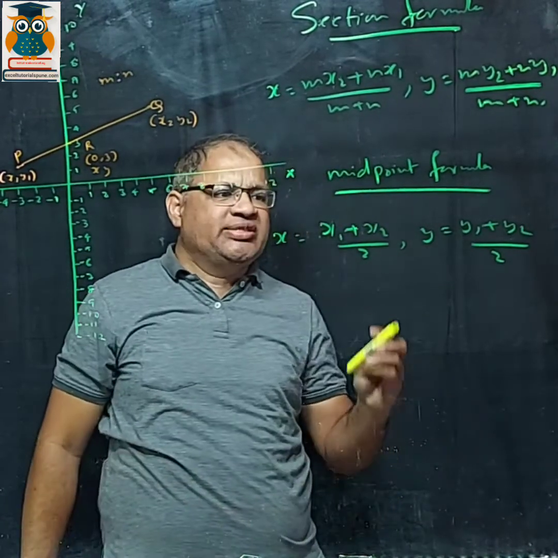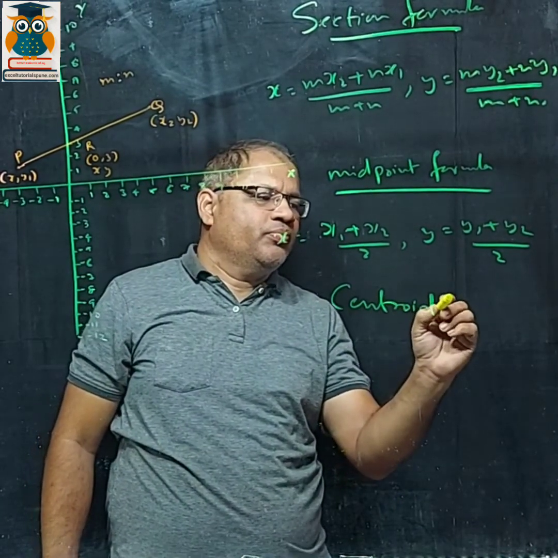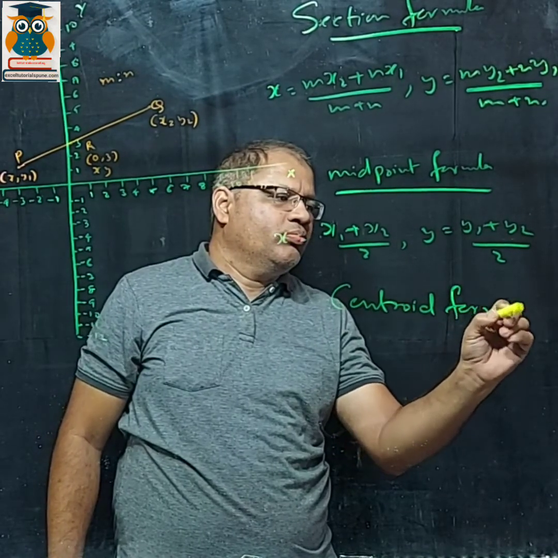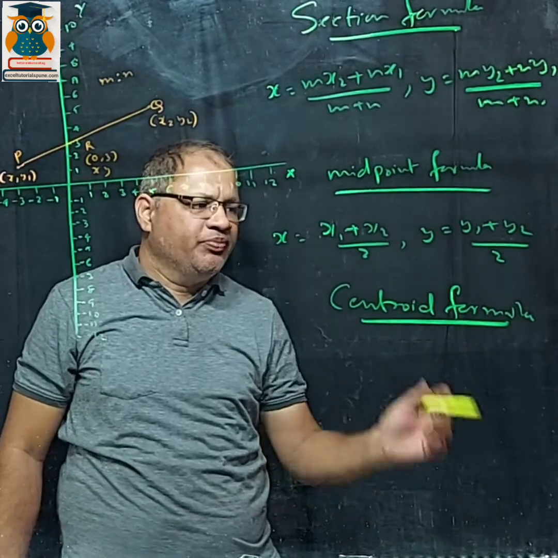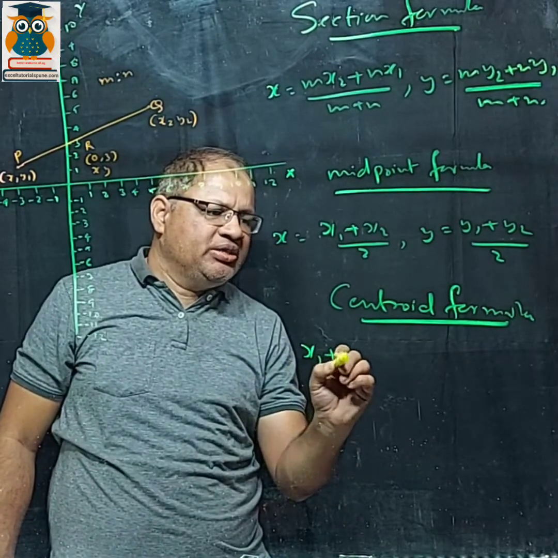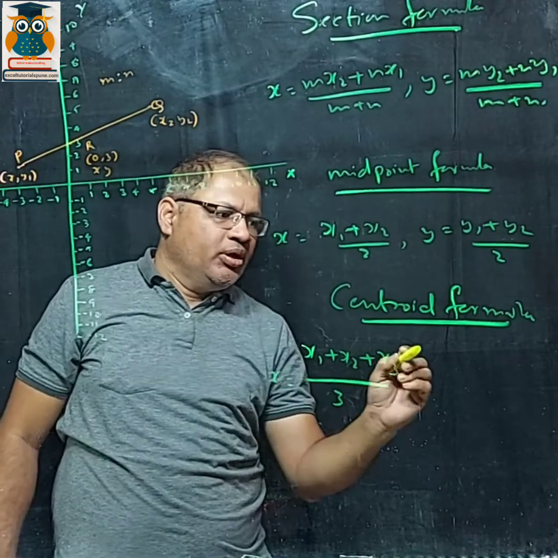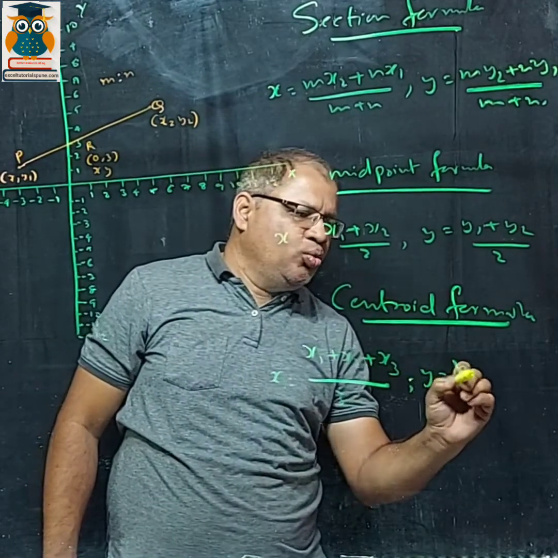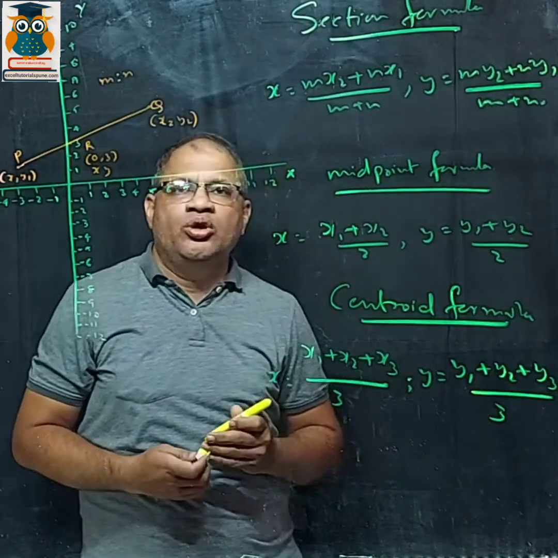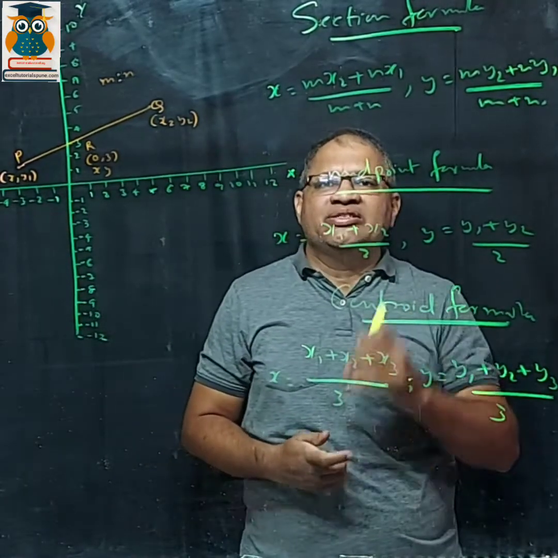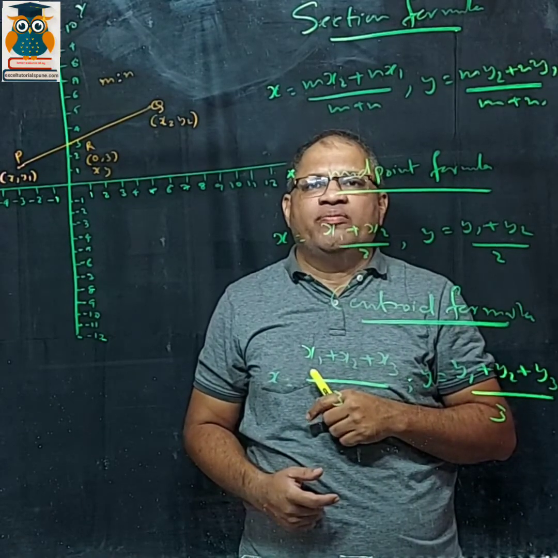Then the third one is the centroid formula. Okay, now what is this centroid formula? It is x is equal to (x1 plus x2 plus x3) upon 3 and y is equal to (y1 plus y2 plus y3) upon 3. Okay, centroid formula. Centroid means the center of the triangle.